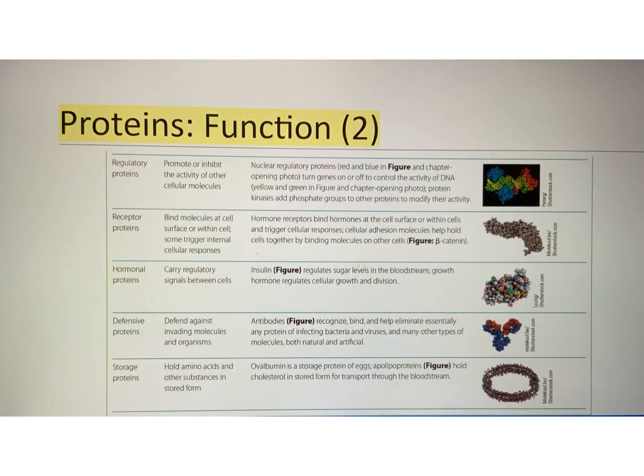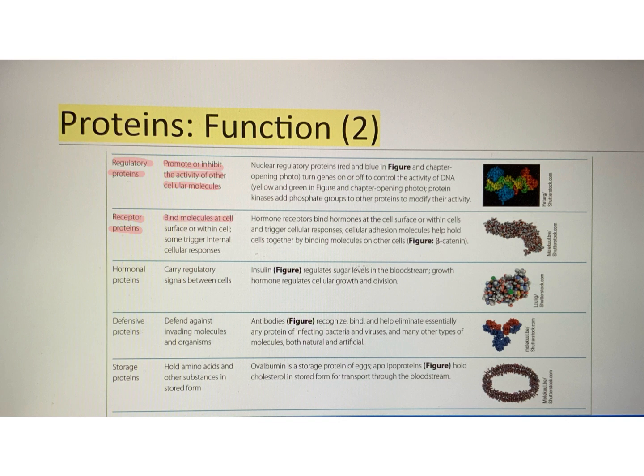Okay, so to continue from the previous slide, we have regulatory proteins, and it's their job to either promote or increase the activity of other cellular molecules, or sometimes it's their job to stop or inhibit the activity of cellular molecules. There are receptor proteins, which pretty much behave like your cell phone or your antenna, if you will.